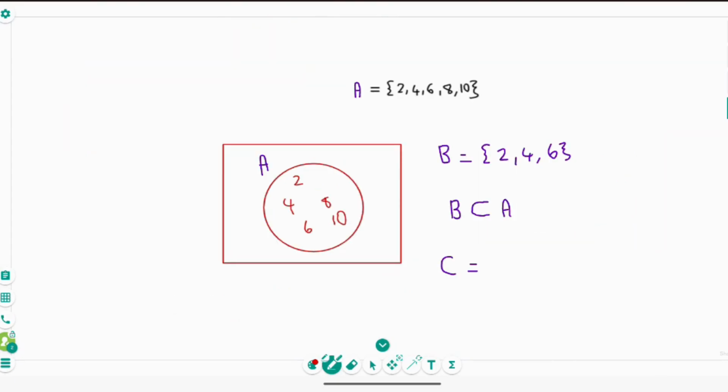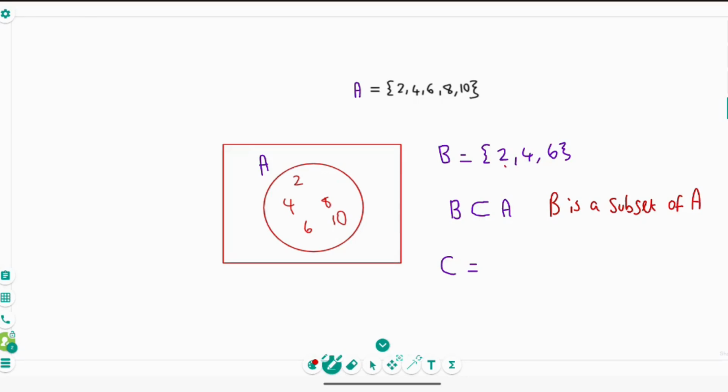Okay, so here, a different example. We have A is 2, 4, 6, 8, 10. B is 2, 4, 6. And this here means is a subset of. B is a subset of A. So what does that actually mean?